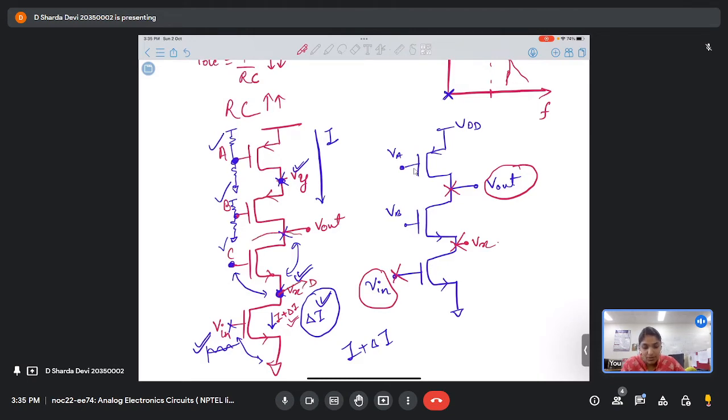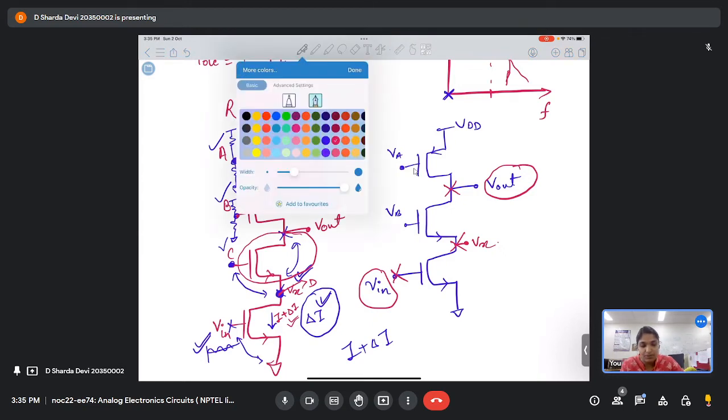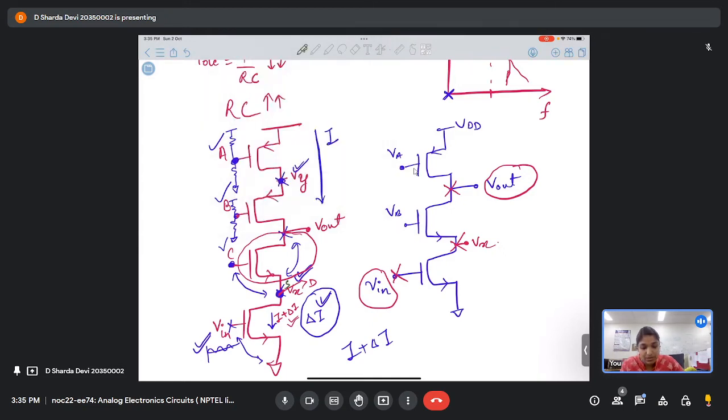When we talk about the central transistor, that is C, it has the flexibility to adjust its source node as well as its drain node, because both are floating nodes, none of them are fixed, right? Similarly, the B transistor also has the capability to adjust either its source node or its drain node, or both of them, because both are in floating condition.